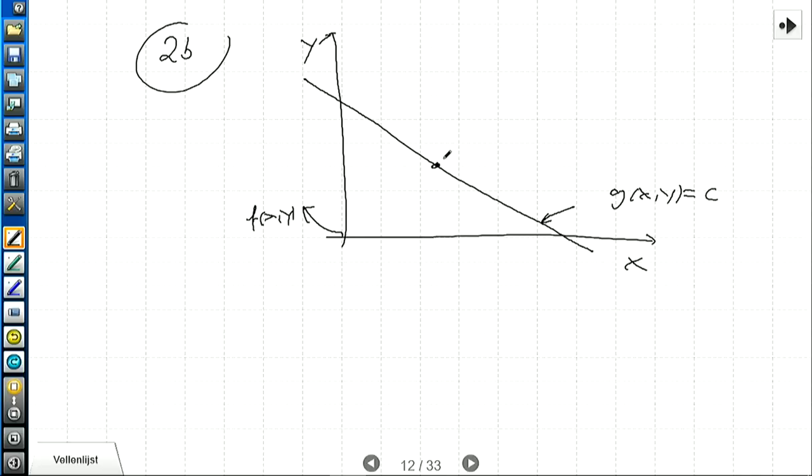which means a point (x_i, y_i) is on the line if and only if for that point g(x_i, y_i) equals c. Okay? Now, our question is, we have candidates, those (x_i, y_i)'s, what is their nature?